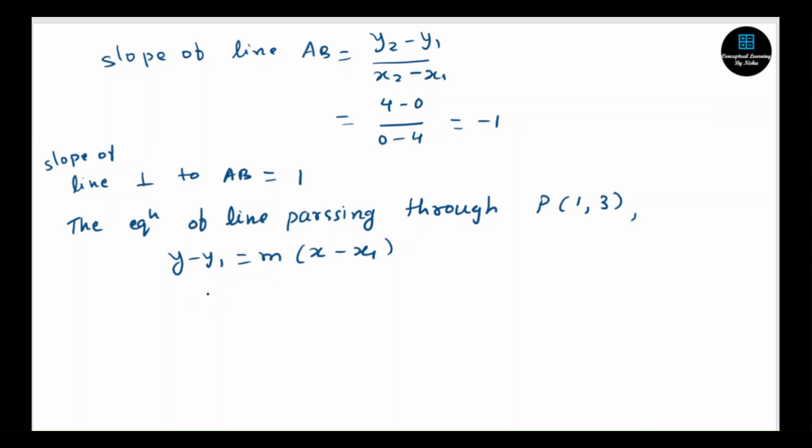If you have any doubt for this line of equation, please watch that video first and then come back here. Alright. Now y minus 3 equals 1 into x minus 1. We put all the values and now we have to simplify to find the answer. So what do we get? y equals x. This 3 goes to the other side and that becomes 2. So this is the required equation. Alright? Perfect.